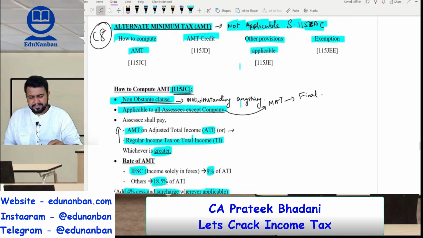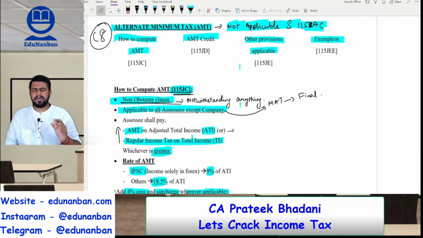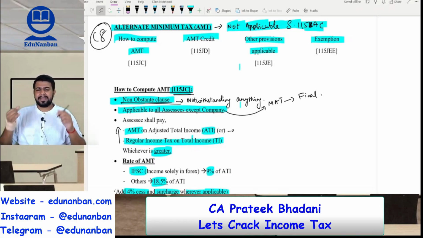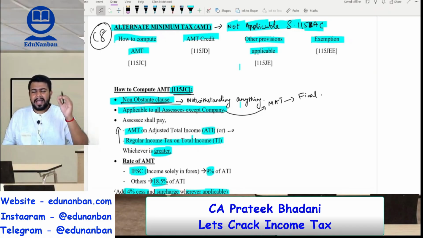Alternate minimum tax. I told you, right, the government is not happy when the assessees claim so many benefits. So an assessee who is claiming either the benefit of section 35AD or section 10AA or income based deductions under 80IA to 80RRB, then for such assessees alternate minimum tax is applicable.